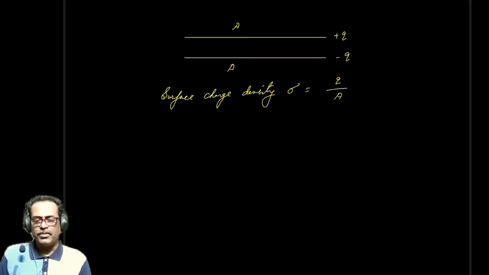Therefore, the field: we know that in the case of two long sheets, the flux lines are normal to the sheet and independent of the distance.